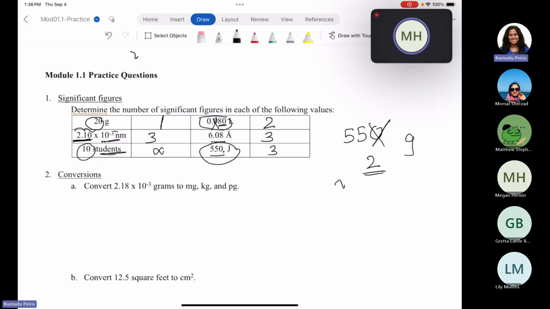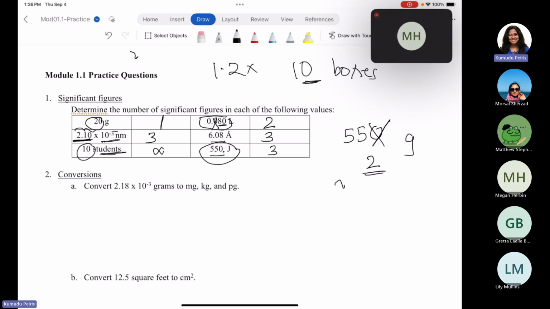I think I have included a question later on as an example, when we do a question like 1.2 times the inches in 10 boxes. This 10 has an infinite number of significant figures.